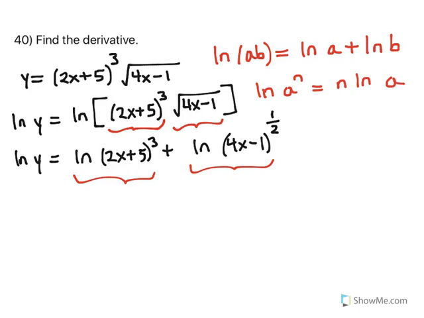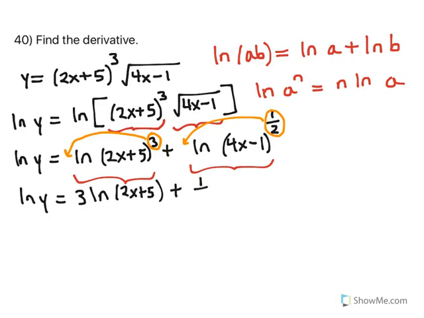So we're going to take this exponent of 3 and write it out front, and take this exponent of 1/2 and write it out front. That will give us the natural log of y equals 3 times the natural log of 2x + 5 plus 1/2 times the natural log of 4x - 1.